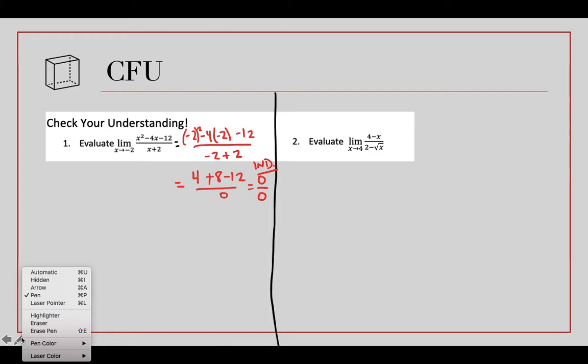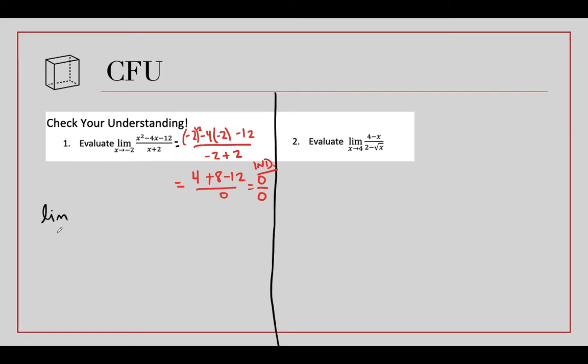Okay, so let's see how we can manipulate this so that when we plug in our -2, when we try to evaluate the limit, we do not get indeterminate. So already I see that the top is factorable. I can factor that quadratic. So I ask myself, what factors of -12 add up to be -4? I go through my factors of -12. I know 6 and 2 and 3 and 4.